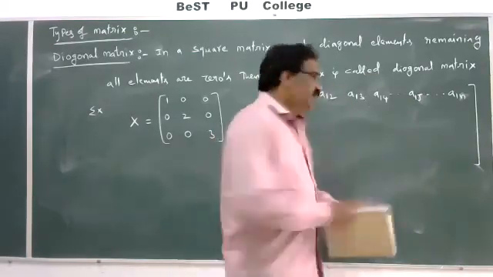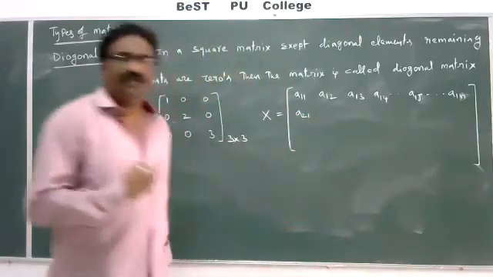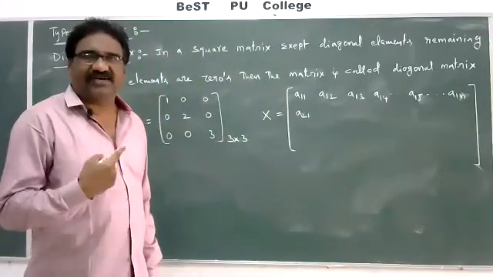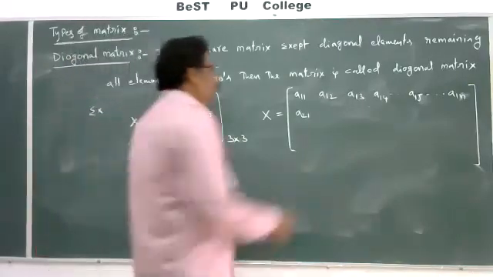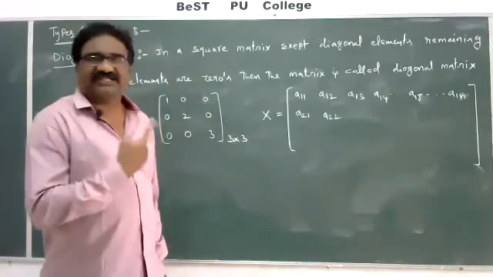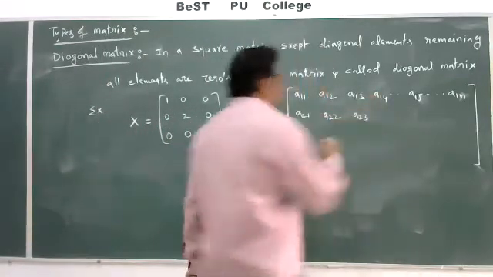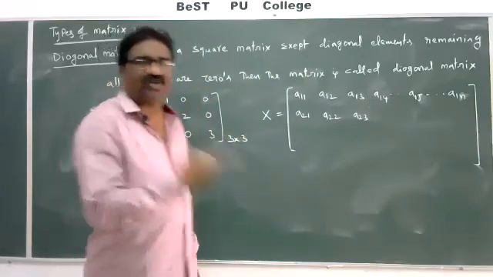For example, second row, A21. The element belongs to second row and first column. A22, the element belongs to second row and second column. A23, the element belongs to second row and third column.